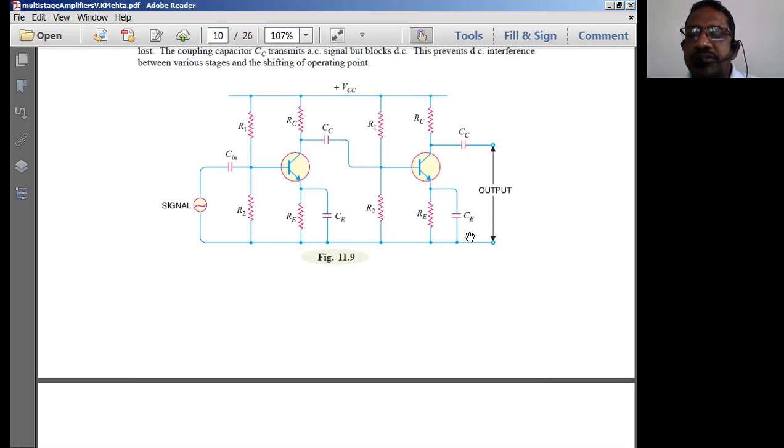And the frequency response is also going to get improved because of the coupling capacitors and the bypass capacitor, which we have discussed earlier, the effects of the coupling capacitor and bypass capacitor on the frequency response of the amplifier stages. Right. So now we should discuss the advantages and disadvantages of this particular amplifier stage.